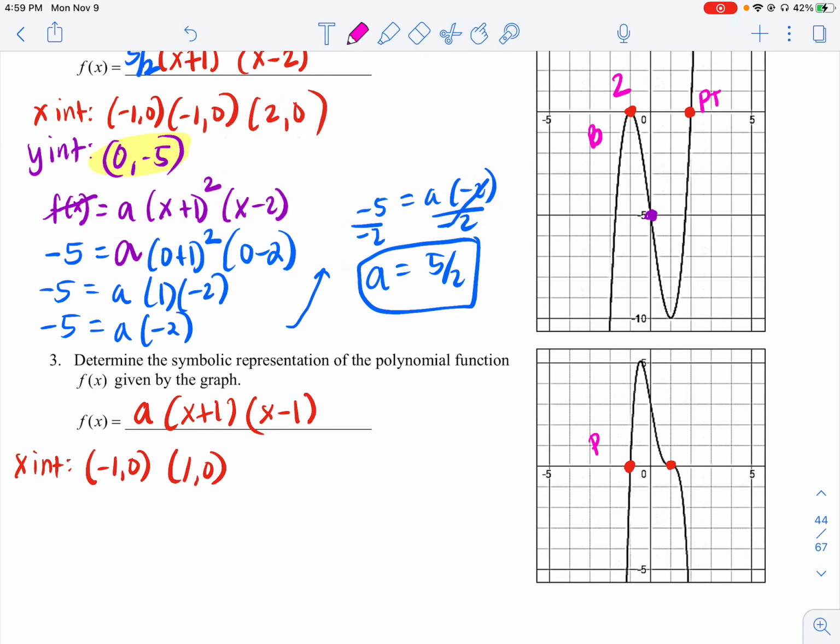PT, meaning passes through. And if it passes through only, then that means that it is only used how many times? Once. Okay? So the x plus 1, or the -1, comma 0, was only used once. So there's only one x plus 1. I hope that is making sense.